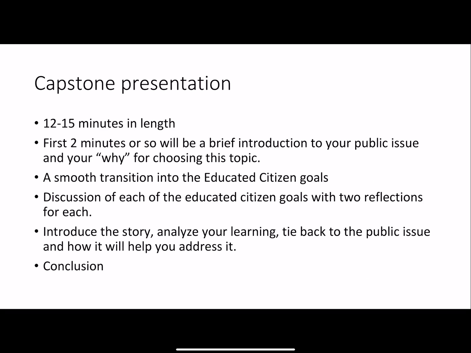So in that reflection component of the presentation, you will discuss 2 reflections from each area: effective communicator, reflective individual, and change agent. You will share the story briefly, analyze what you learned from that, and then the most difficult thing for most students is then to tie that back to the public issue that you talked about.